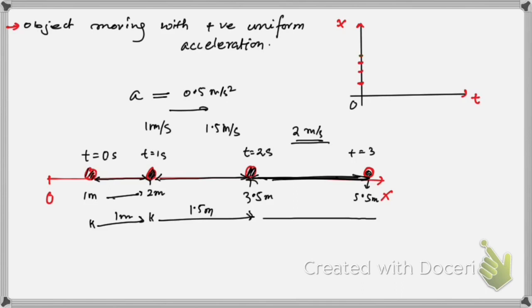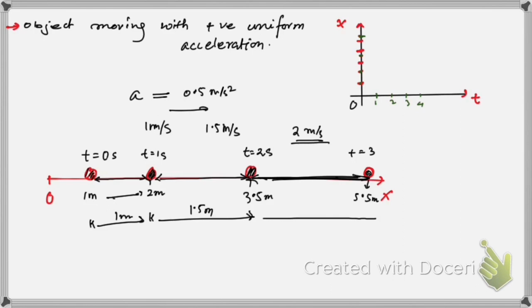Let me mark the positions of the object in green. After 3 meters we have 4 meters, then 5 meters, and this is 5.5. So 1 second, 2 seconds, 3 seconds, the divisions must be equal.